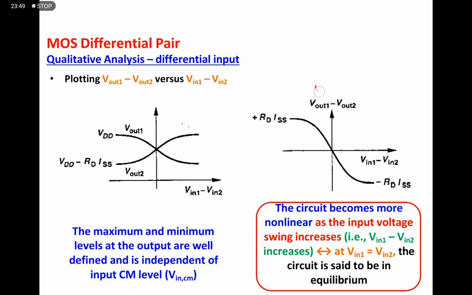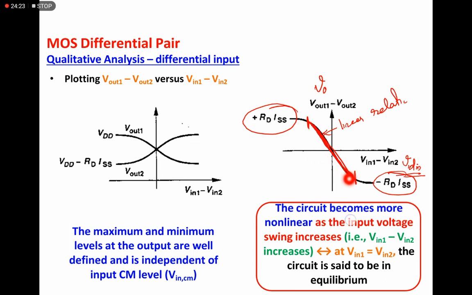So this is the actual output V0 versus differential input VD. Only in this region of operation can this transistor act as an amplifier, because only in this region output and input have a linear relation. In these regions output is saturated, and there we can't use the MOS differential amplifier as an amplifier. So we need to define what is the region of operation.